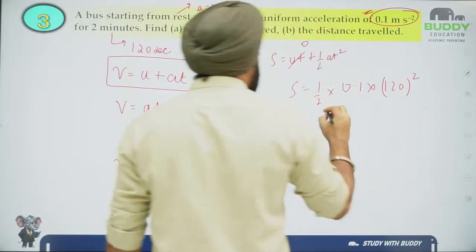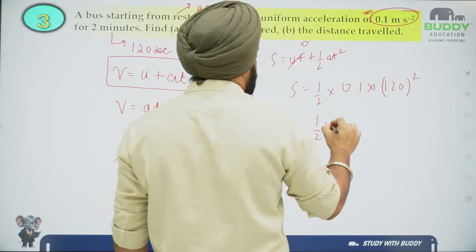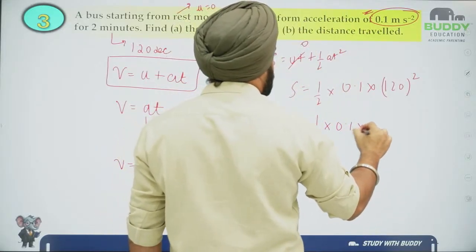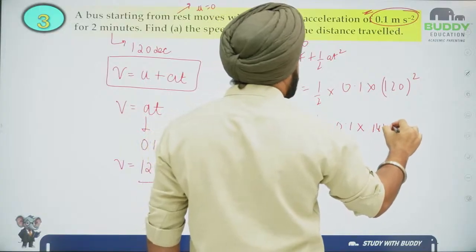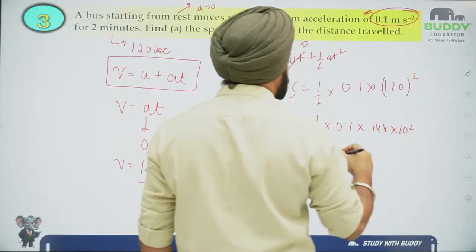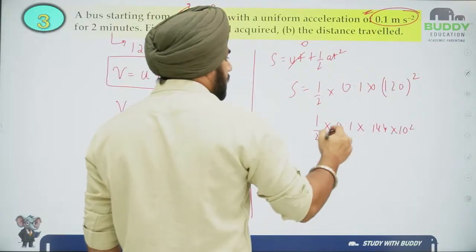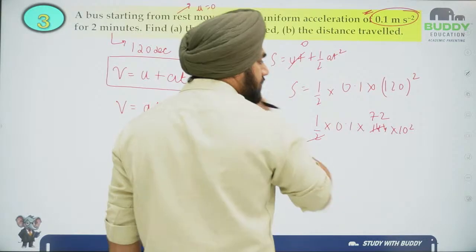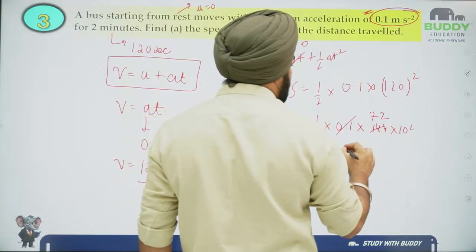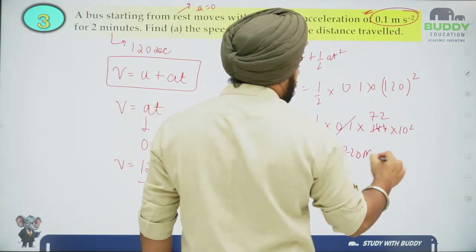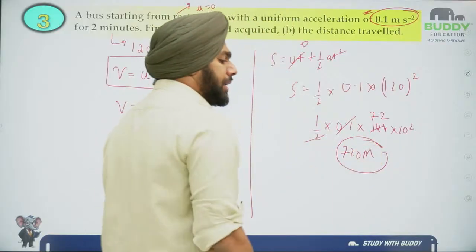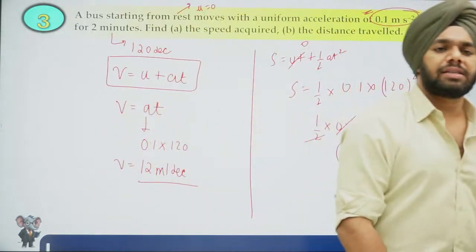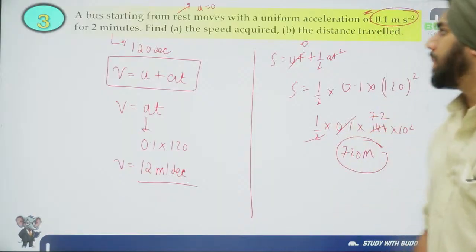Let me solve this: half into 0.1 into 144 into 10 to the power 2. So this becomes 72, and 1 gone, so 720 meter. Distance traveled by the particle is 720 meter.